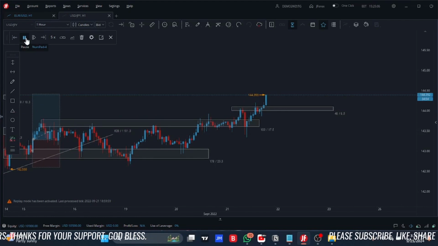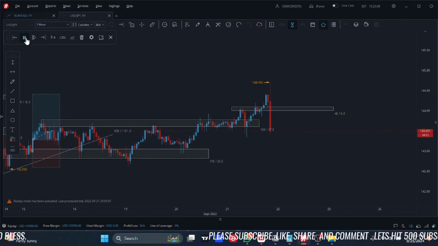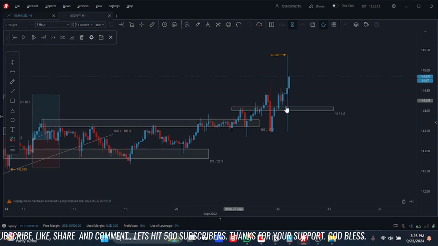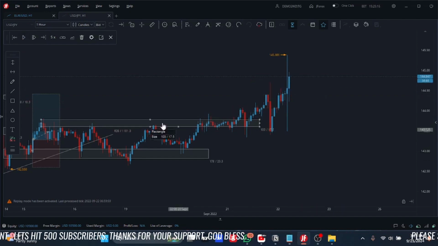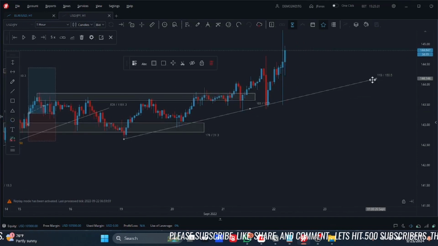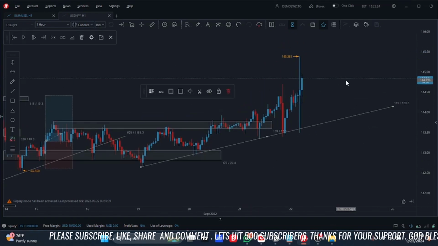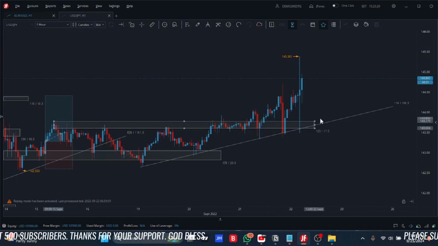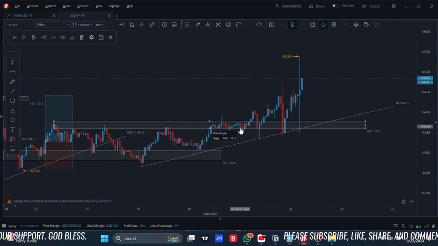It does not retest, so no buys, but it retests the lower zone. We could have taken our buys from there because the price broke and retested that upper side zone. So that was a legit entry, and it also had a trend line.